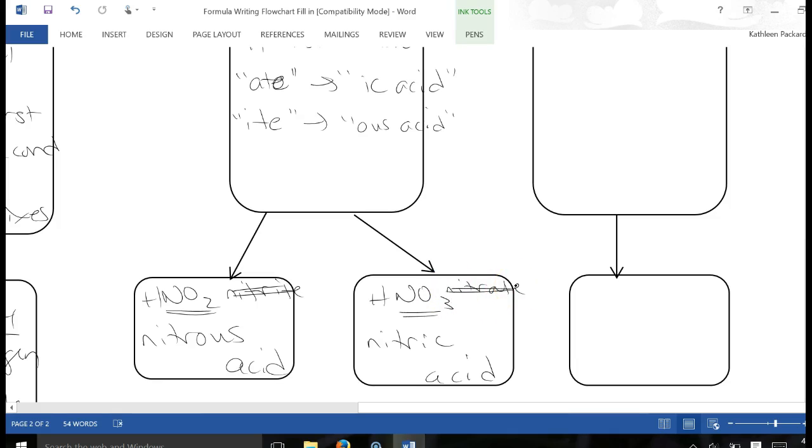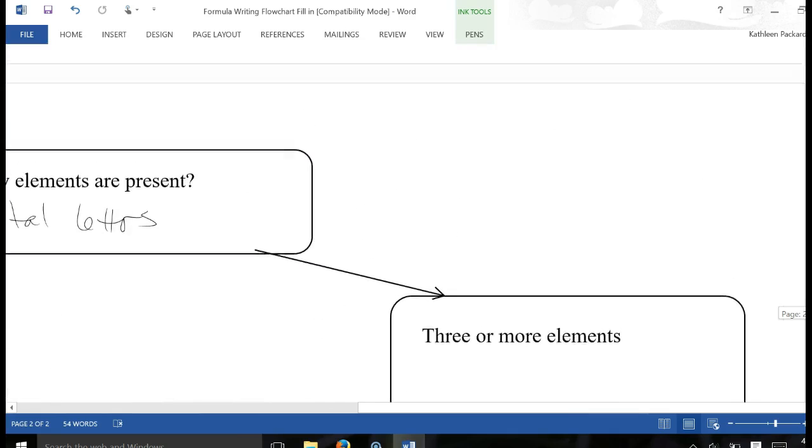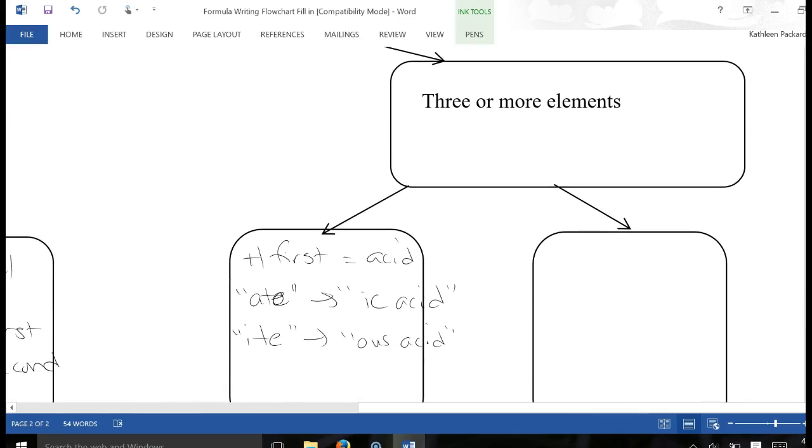Okay? And then the only other possibility, and you do have to kind of watch for this, but I didn't have a whole lot of room on the paper for it, is when you have three or more elements, you want to name the cation. And again, it could be ammonium or it could be Roman numerals. And then you want to name the anion.